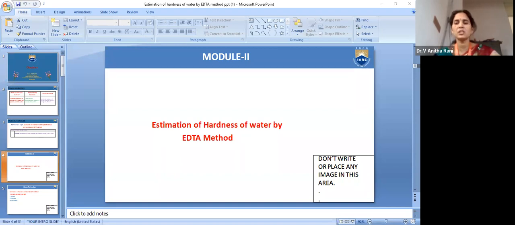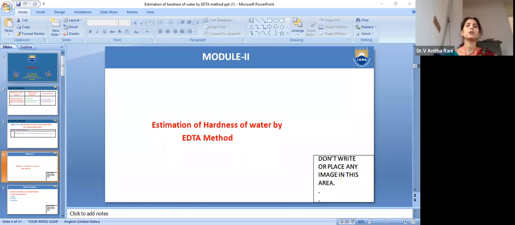The apparatus we are using in this experiment are conical flask 250 ml, burette 50 ml, pipette 20 ml, and beakers 250 ml. We will take 2 to 3 beakers here.